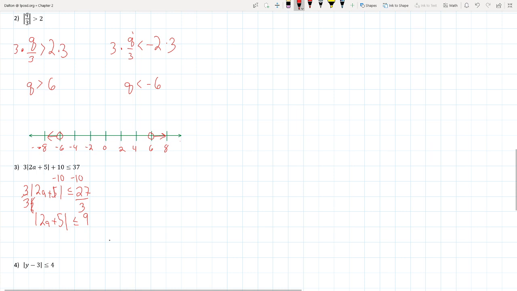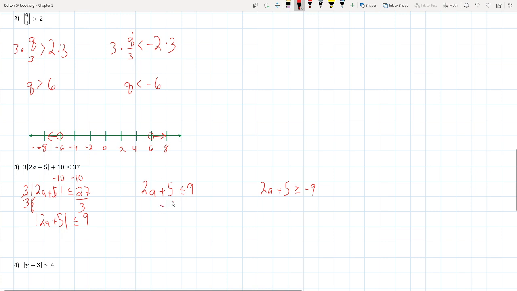This is the point when I actually do the two different equations out of this. So I get 2a plus 5 is less than or equal to 9, and 2a plus 5 is greater than or equal to negative 9. Now I continue it.